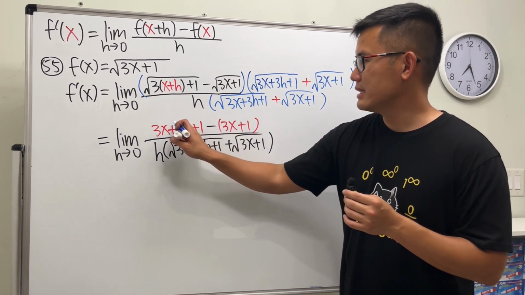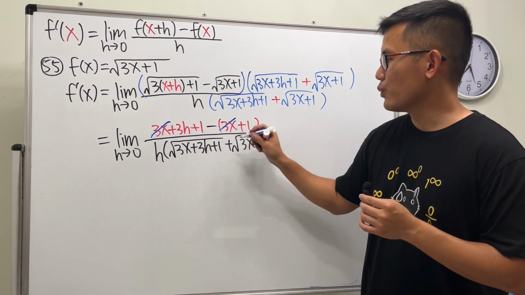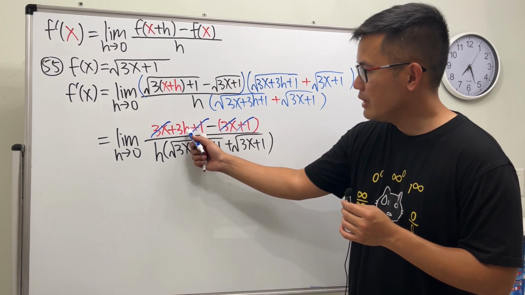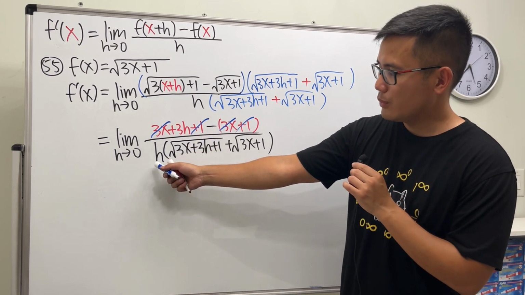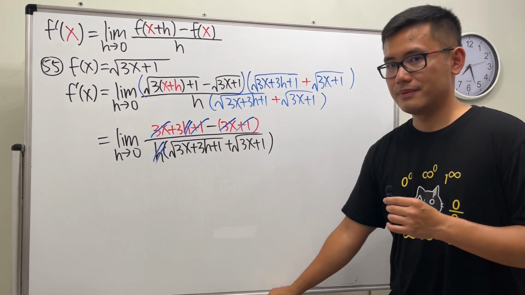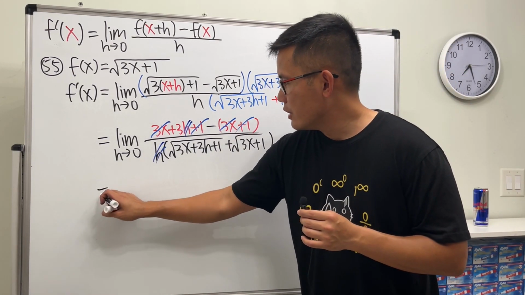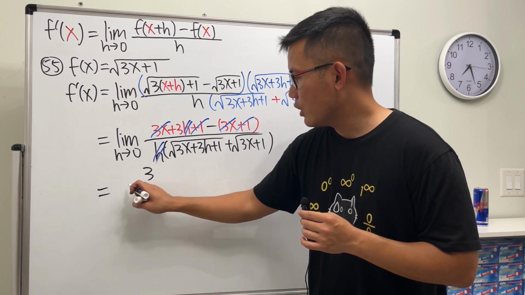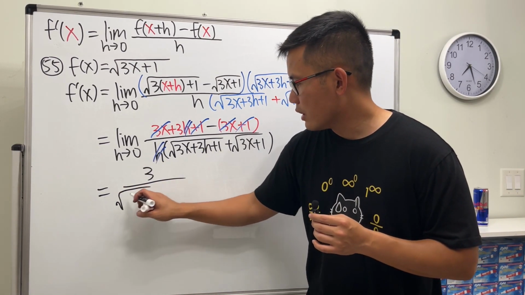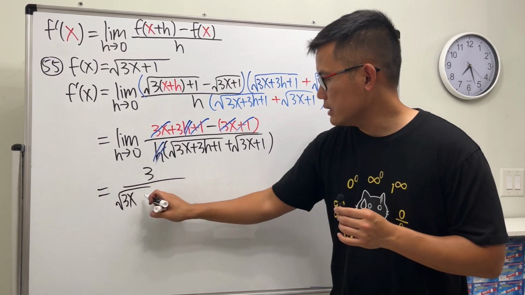Ladies and gentlemen, 3x minus 3x, this and that cancel. 1 minus 1 cancel. Perfect. On the top we have 3 times h now. On the bottom here we have h times all that. So this h and that h cancel. Cool. Therefore we have a 3 on the top over, put 0 into here. So we have square root of 3x plus 1.